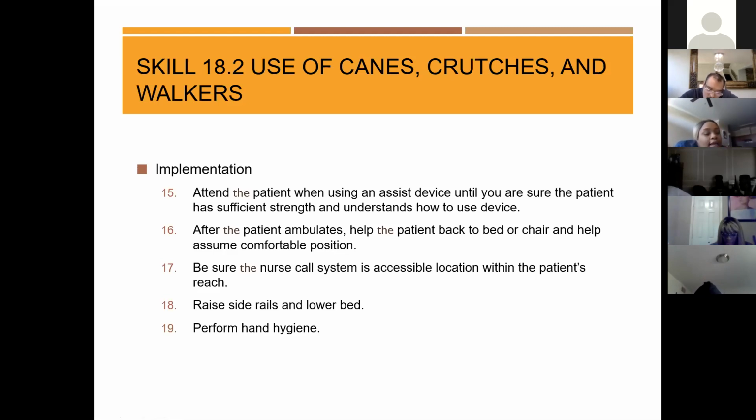But okay, if their family brings it and they're not supposed to be bearing weight or up walking, is it okay to take it out of their reach? Yes, it is, because at that point, if the doctor has said no weight bearing, they don't need to be out of bed, period. If the family member says, no, they need to get out of bed, I'm going to leave this walker right here for them, that's going against doctor's orders. So for you, you move it.